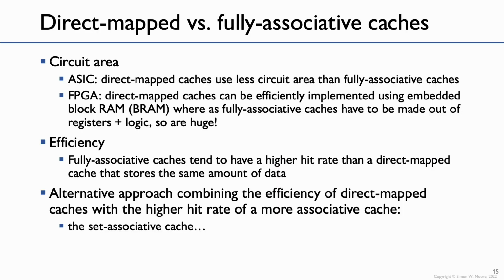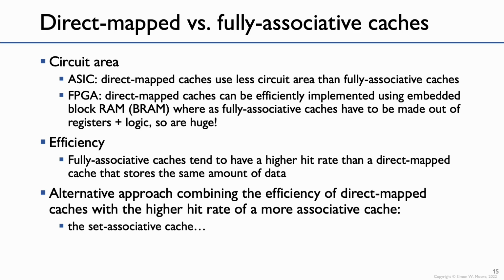So let's do a quick comparison of direct mapped versus fully associative caches. Circuit area: a direct mapped cache for an ASIC certainly uses less circuit area than a fully associative cache, although actually all those comparator operations we need to do, if you design the cache at a transistor level, it's not as bad as you might think.